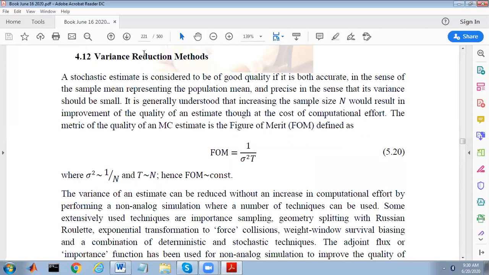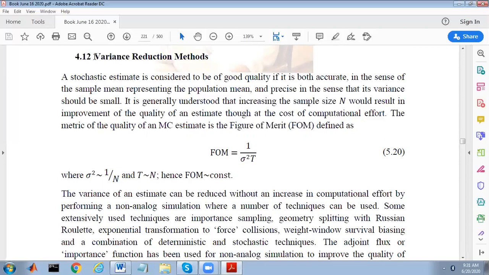So variance reduction is such a big thing in nuclear engineering, in the design of nuclear systems with stochastic codes. Variance reduction is so important that you cannot get any reliable estimate for shielding, for example, if you do not have variance reduction in it.